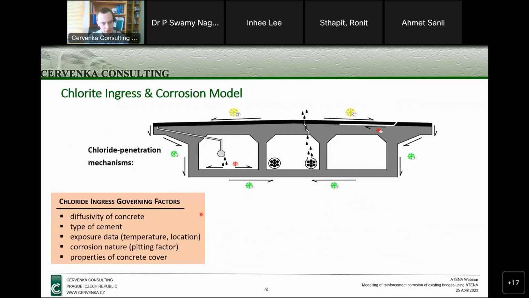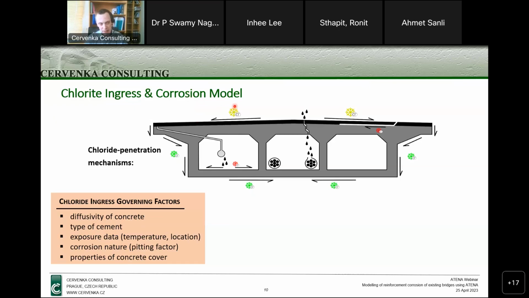In case of reinforced concrete bridges, this slide summarizes where and how to apply the chloride concentration or the chloride attack boundary condition, because there are several mechanisms how the chloride can get to the concrete.